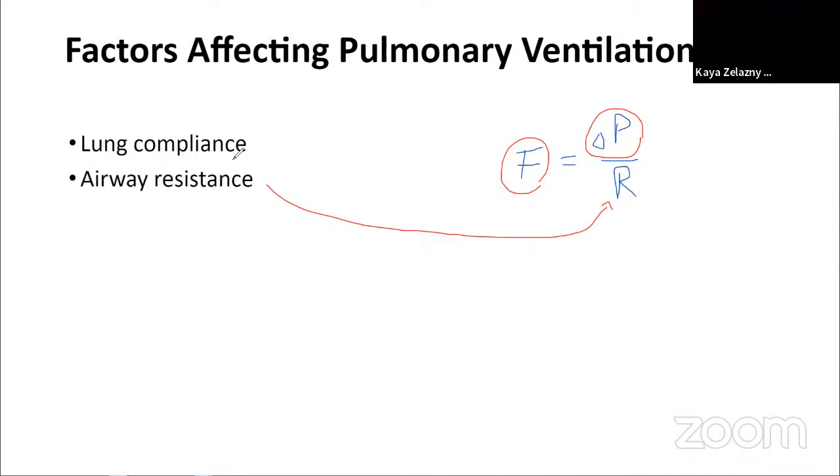But basically, it's like how much pressure do you have to exert in order to have a change in volume. So lung compliance is basically going to be referring to how forcefully you have to breathe. How hard do you have to contract those muscles to get the alveoli to expand as much as you want them to?